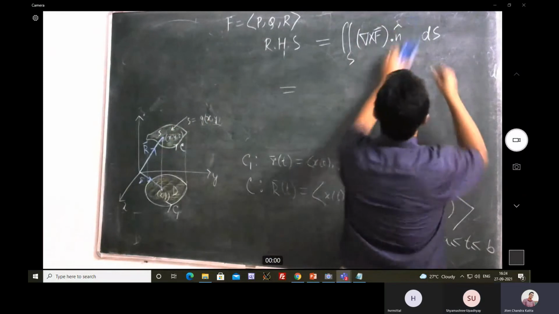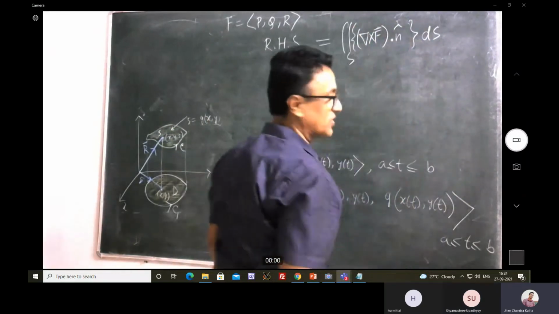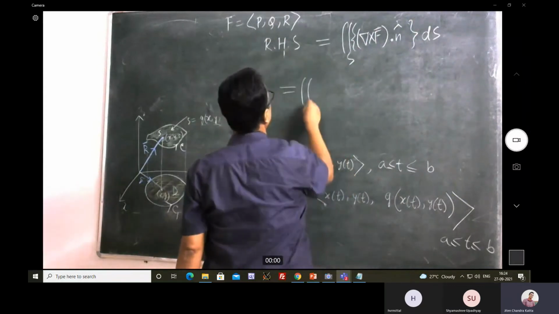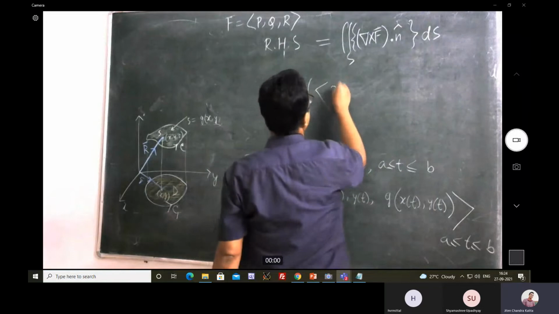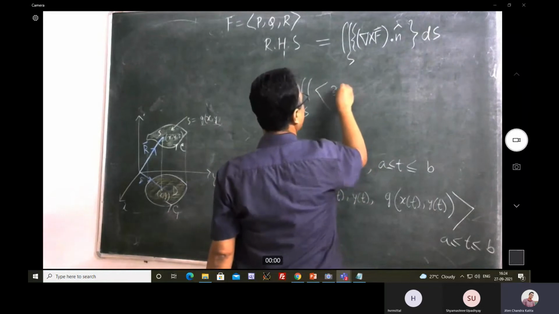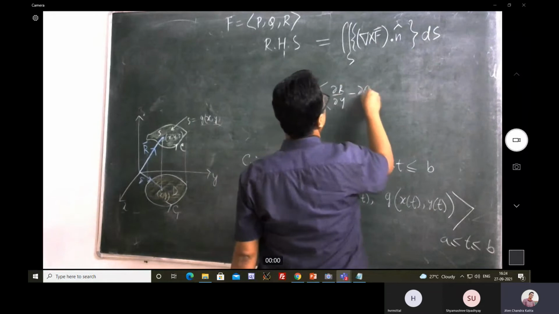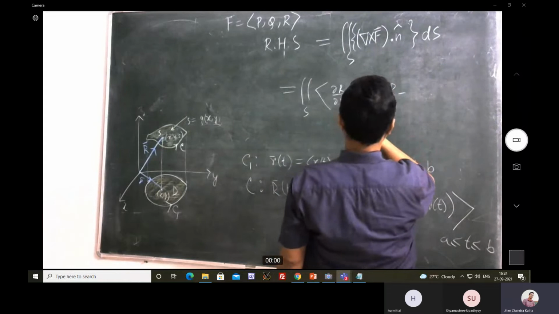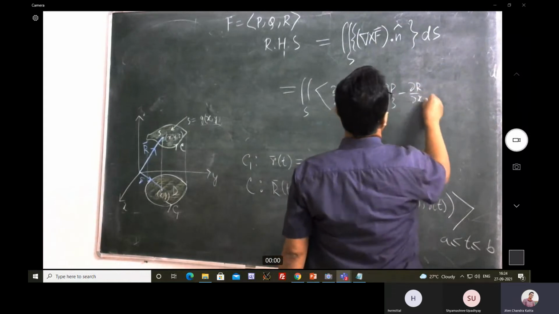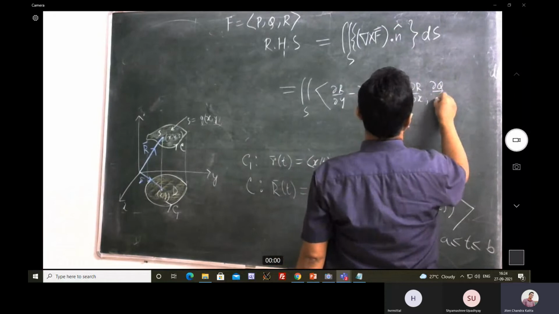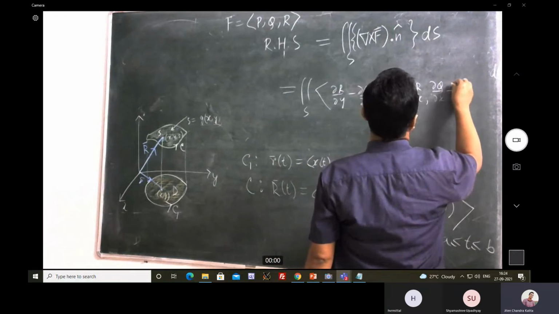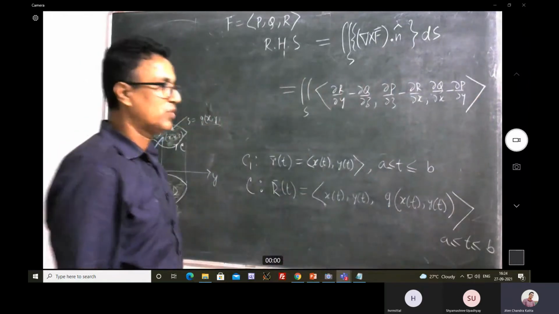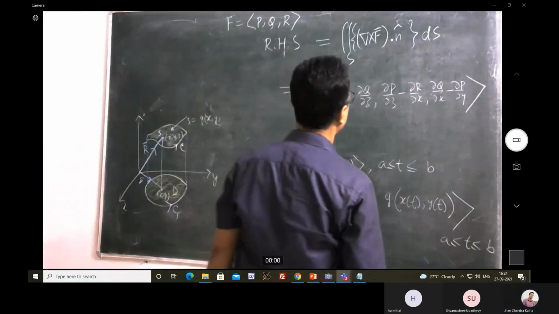So if F is given by this, then your curl of F is (del R del y minus del Q del z, del P del z minus del R del x, del Q del x minus del P del y).